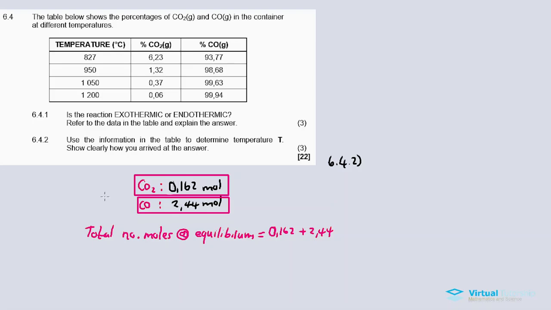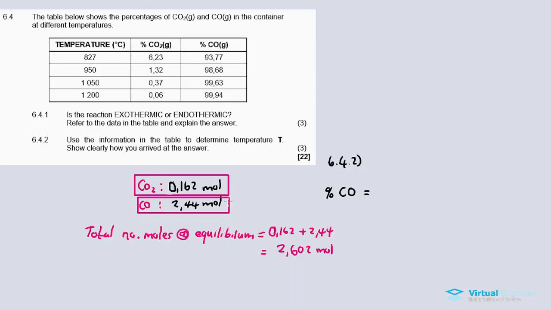Remember, the solid is excluded in our calculation. So we add and get our answer of 2.602 moles. I choose to calculate carbon monoxide, so I calculate the percentage for carbon monoxide.